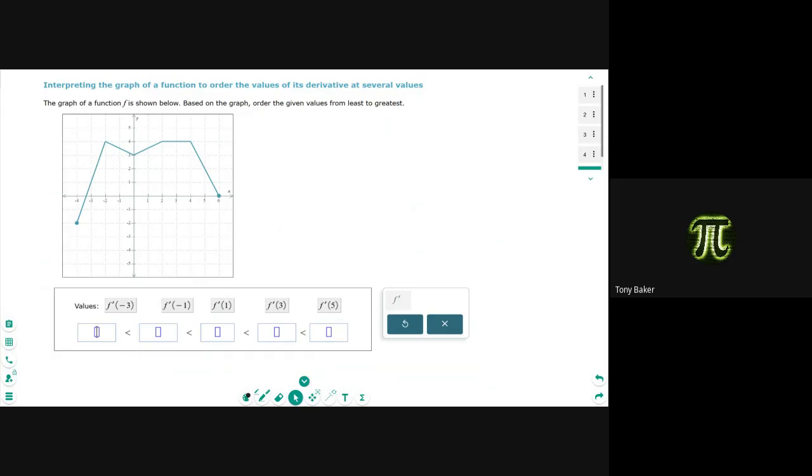Okay, let's look at this one. So right at that point right there, what can you tell me about the slope at that point? Steep. Okay, it's steep. It's high.